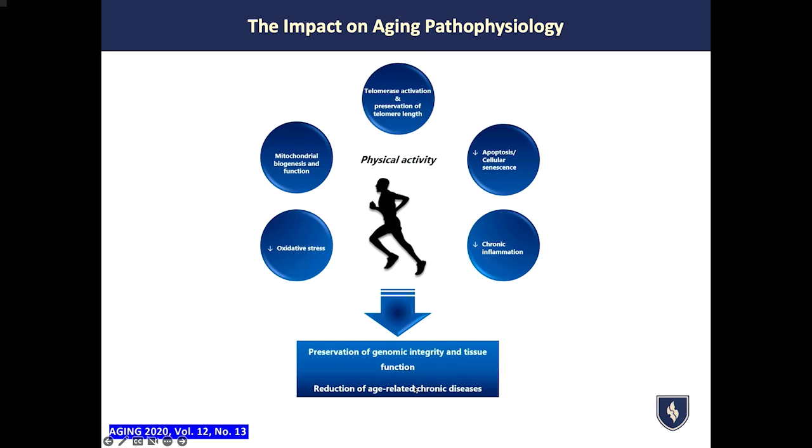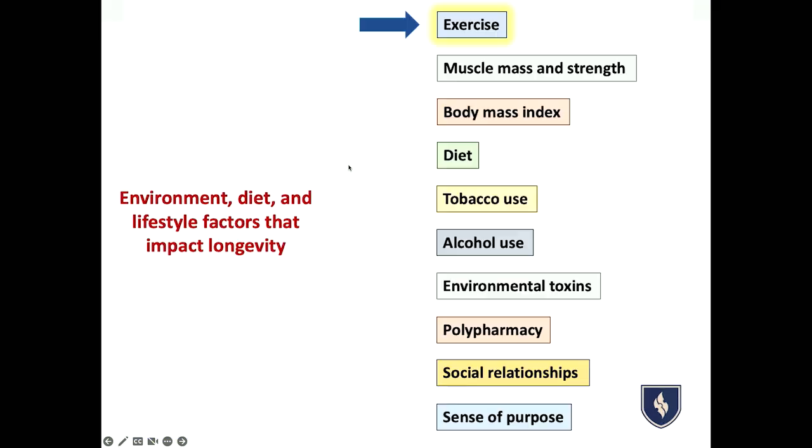And this was another paper that was published in Aging, and it goes into the same things. It supports telomere length preservation, mitochondrial biogenesis. So it's like the top of the list. It's the absolute top of the list. Physical movement, exercise is going to turn on all these gene expressions, going to have protection.